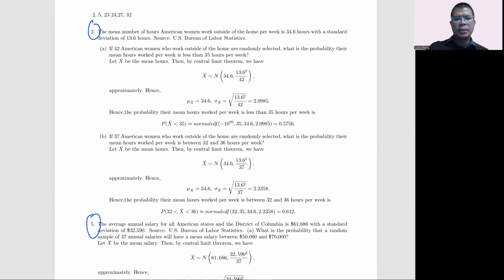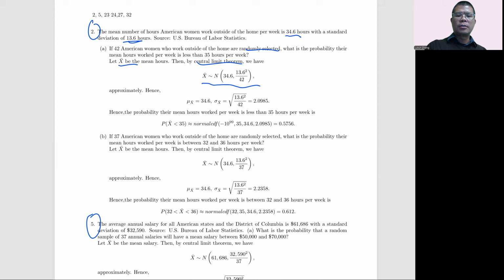Okay, so now for this one, all right. So American workers, mean 4.6, standard deviation 13.6, and you want to see the X bar distribution by the central limit theorem. We know that this one equals this, and 42 are randomly selected.